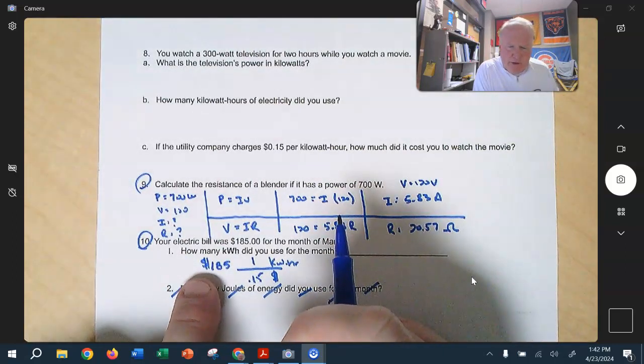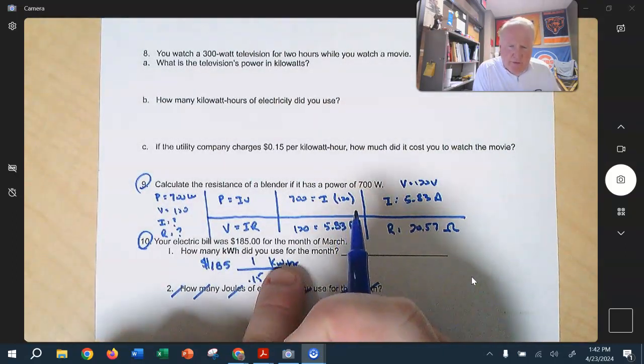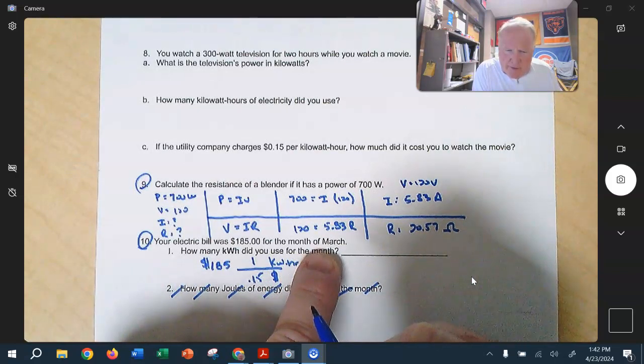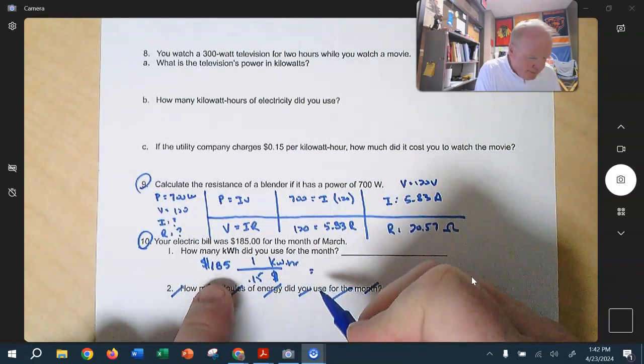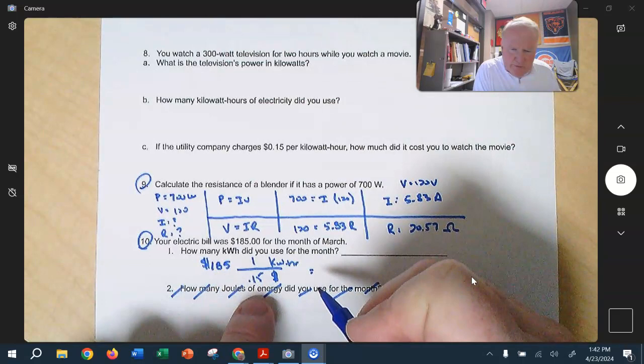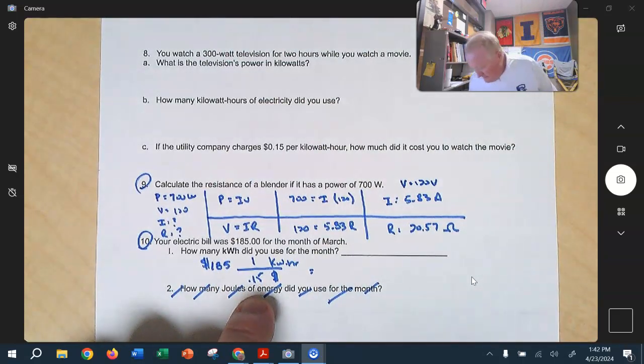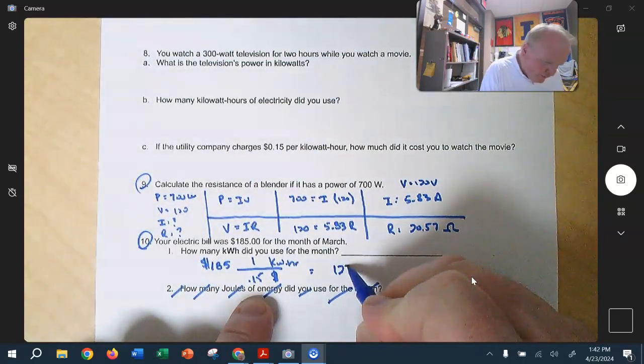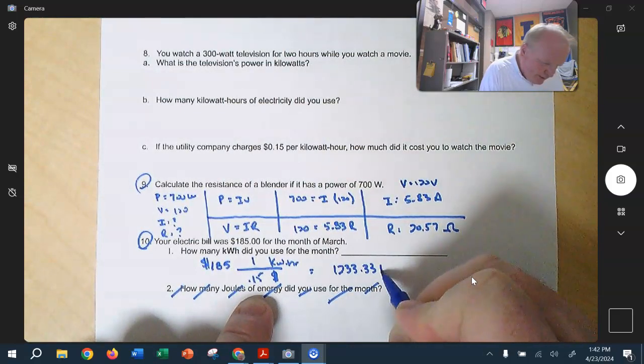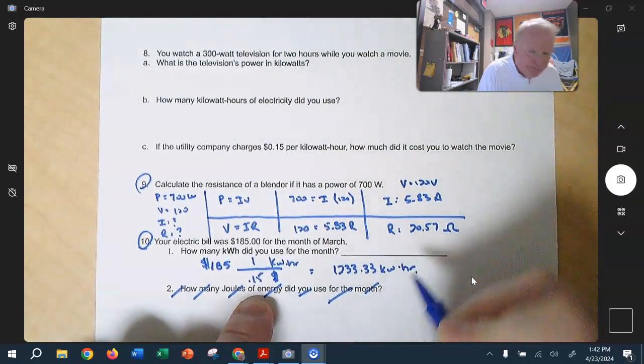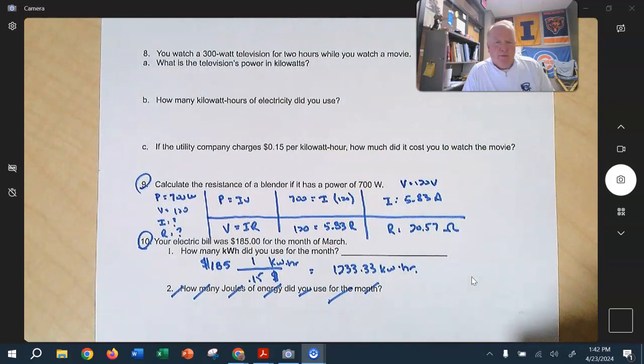And so you can see the dollars cross out. They asked us to find how many kilowatt hours we used. And so whatever 185 is times 1 divided by 0.15, and I get 1233.33 kilowatt hours. Okay. And so that was the last problem on that little sheet there.